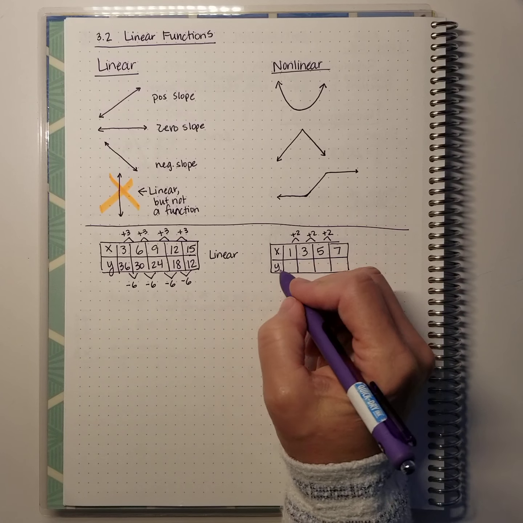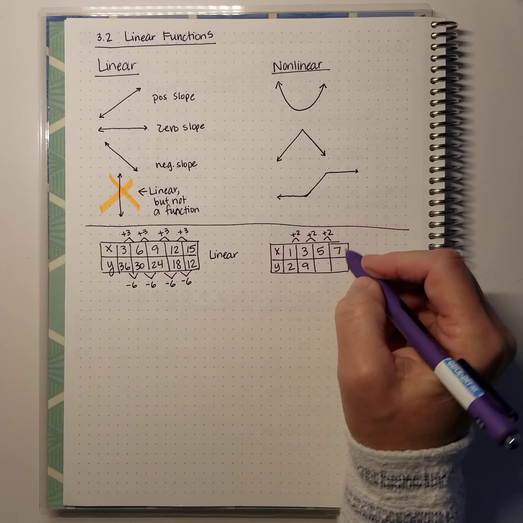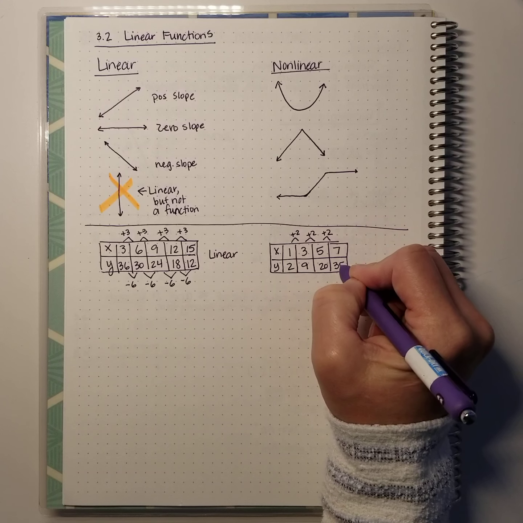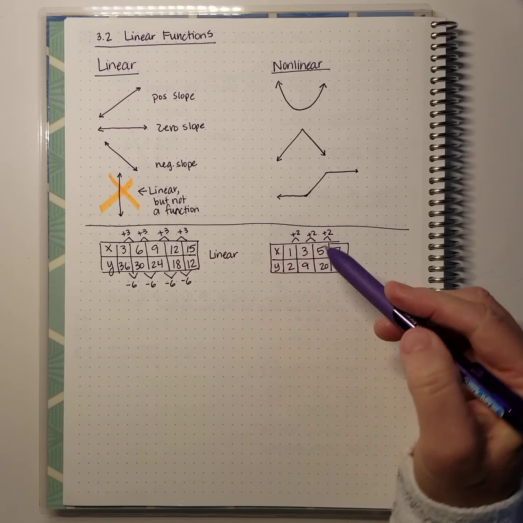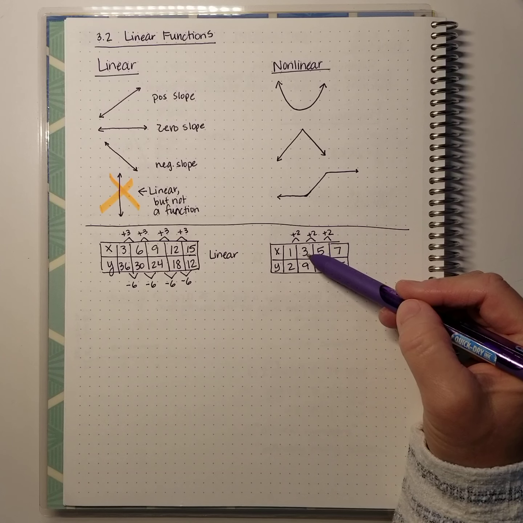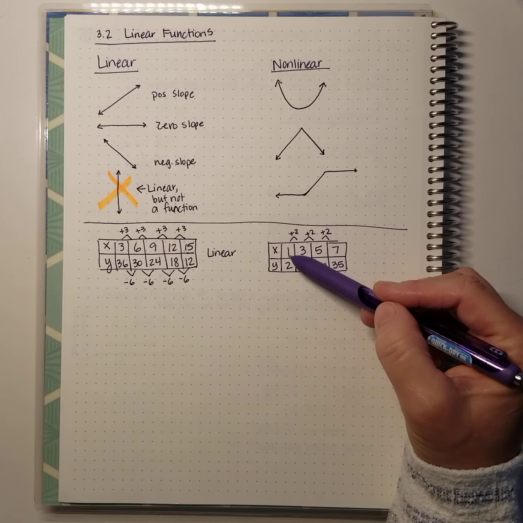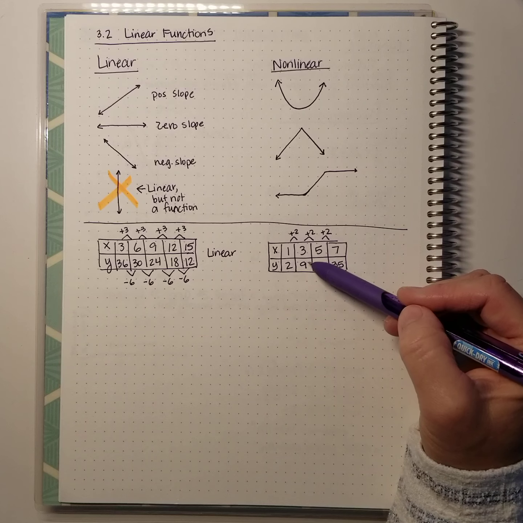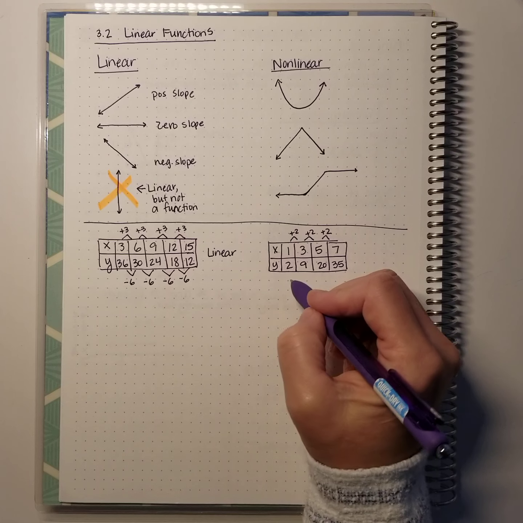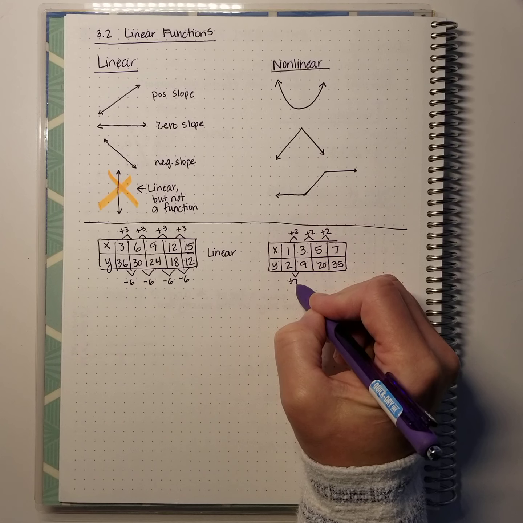And then let's say our y values are 2, 9, 20, and 35. There's definitely a pattern here because we have 1 times 2, 3 times 3, 5 times 4, 7 times 5. So there's a pattern, but the question is, is it a linear pattern?